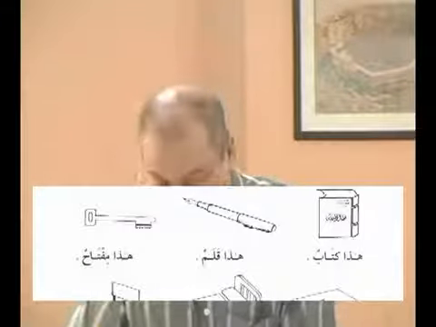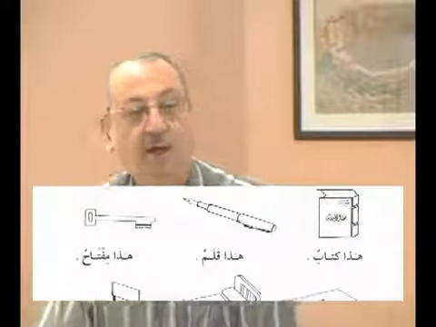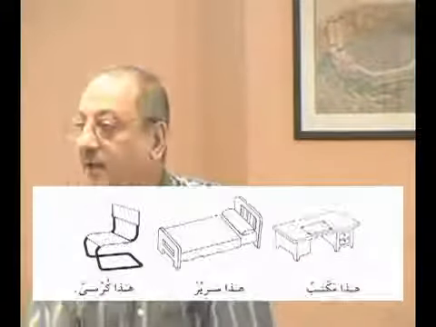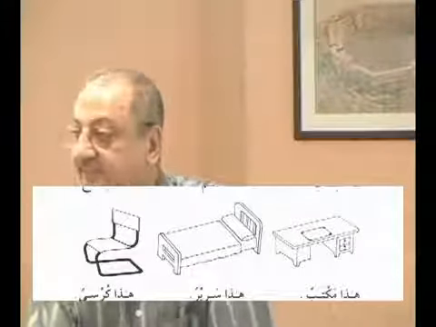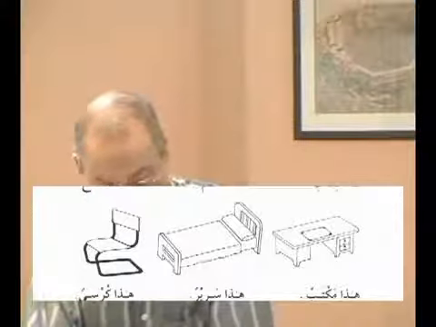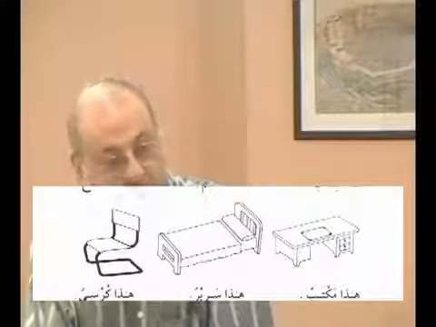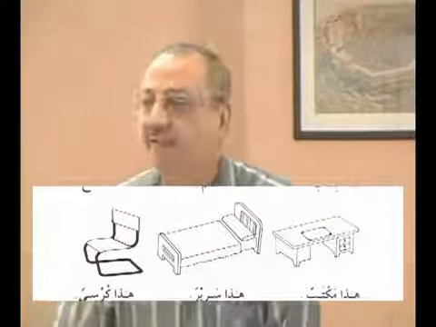Haza Miftahun. Haza Maktabun. Haza Sarirun. Haza Kursiyun. Are you with me, brothers and sisters? This is easy, but now you have to memorize the vocabulary and practice at home, inshallah.